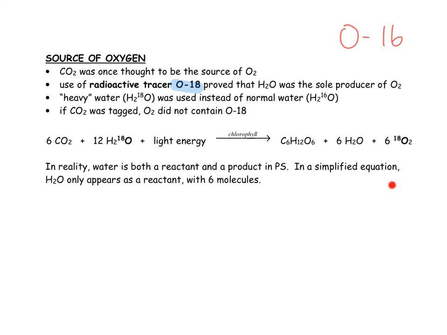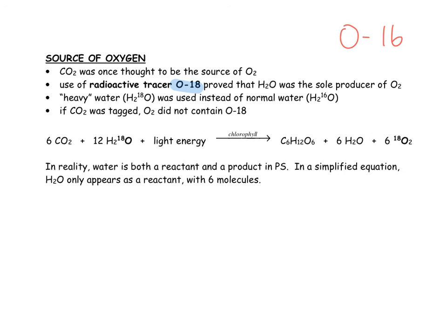They found that if they did the same thing by tagging CO2, then the oxygen didn't end up with any O18 in it at all. That proved to them that water was the sole contributor to the final oxygen product in photosynthesis. Which is kind of cool, a cool way to run an experiment.